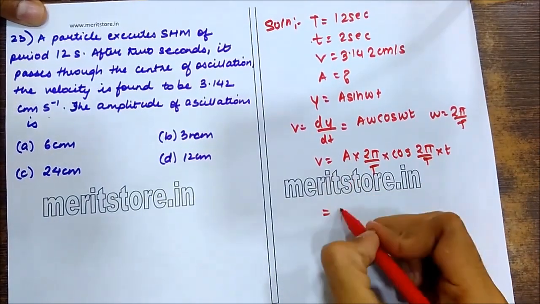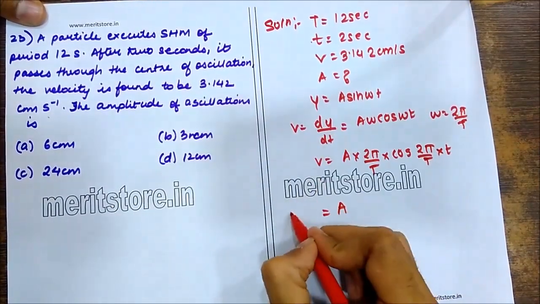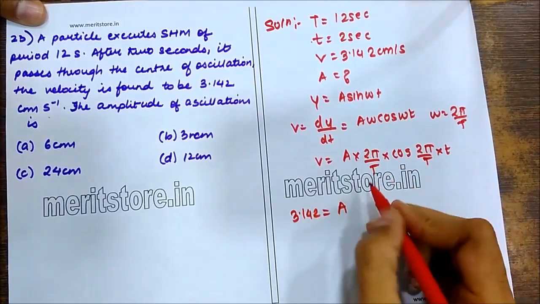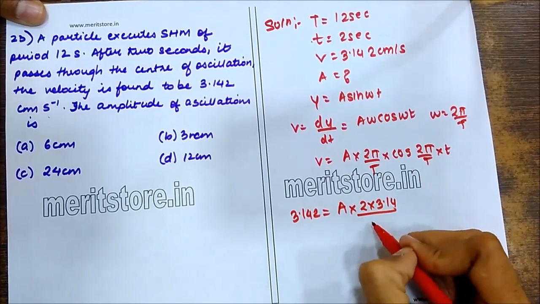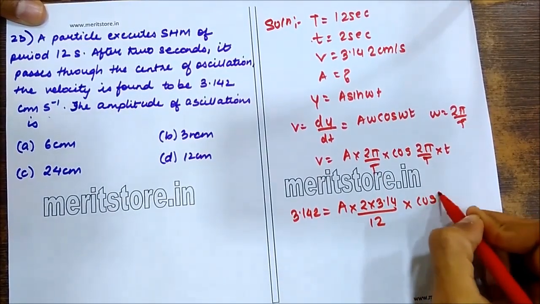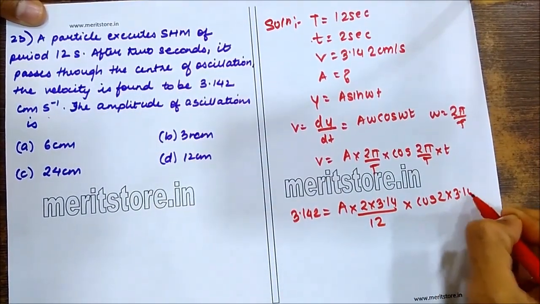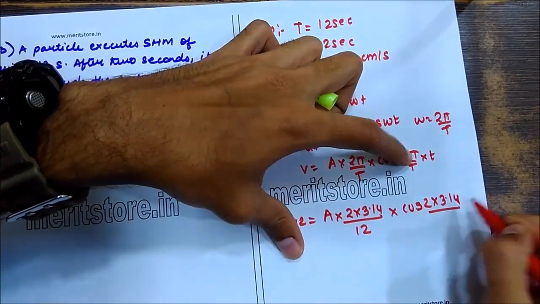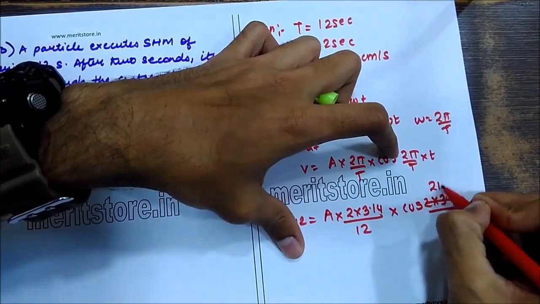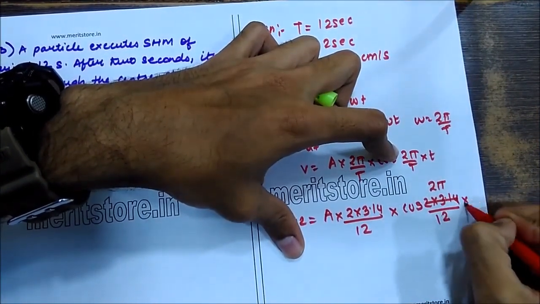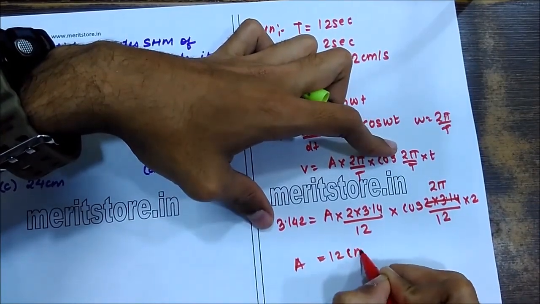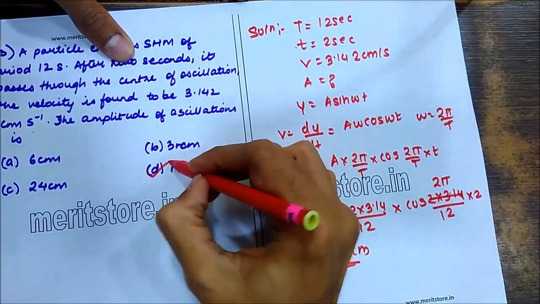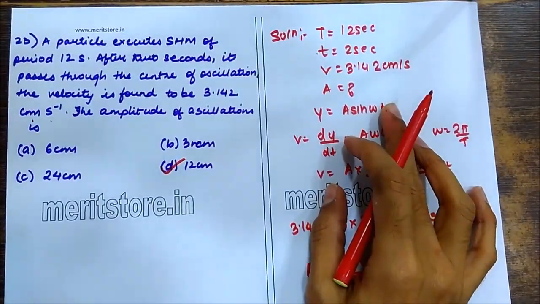Your amplitude a we have to find out. We have the velocity 3.142 equals a into 2 into 3.14 upon 12 seconds into cos(2 pi upon 12 into 2). So the entire answer a comes out to be 12 centimeters. So your amplitude is 12 centimeters, option D.